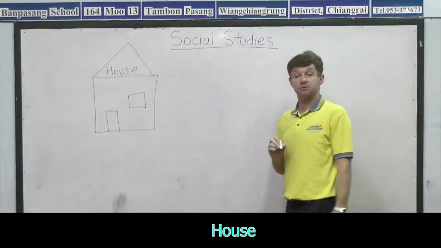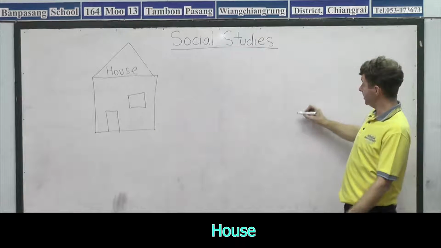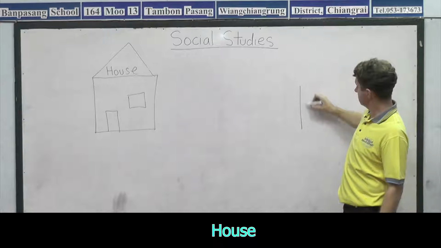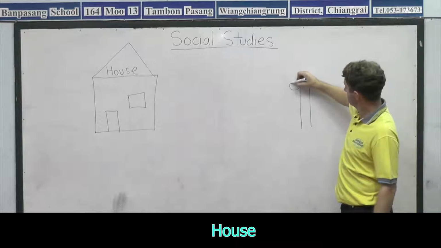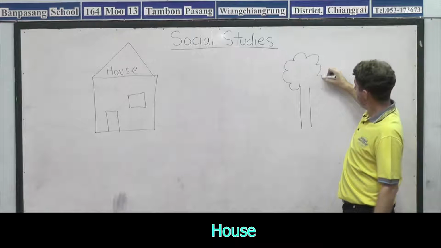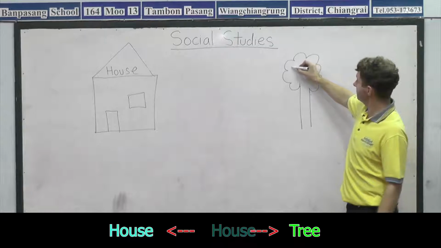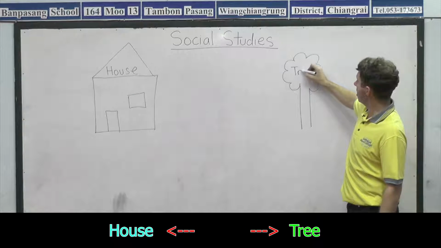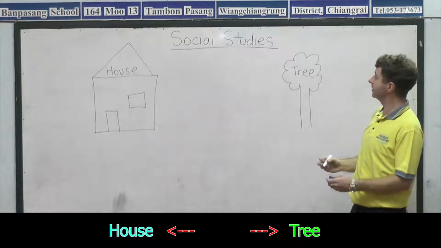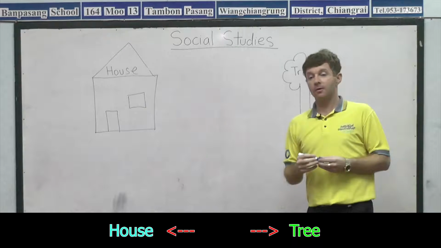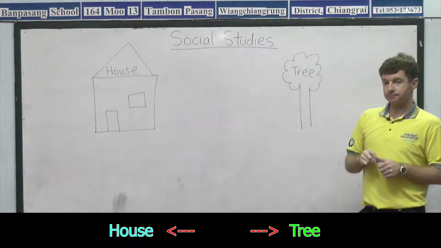H-O-U-S-E. House. And here we will draw a tree. How do we spell tree? T-R-E-E. House. Tree.